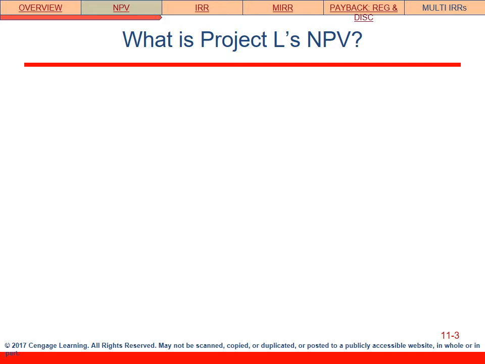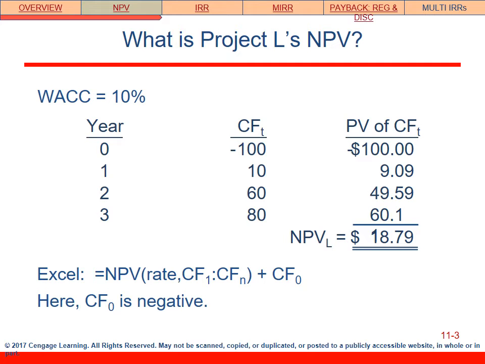So for Project L, here are its cash flows. Yet once again, we're going to be using our firm's weighted average cost of capital of 10%. We find the present value of each one of the cash flows, much like we did for discounted payback. And we then add them all together.